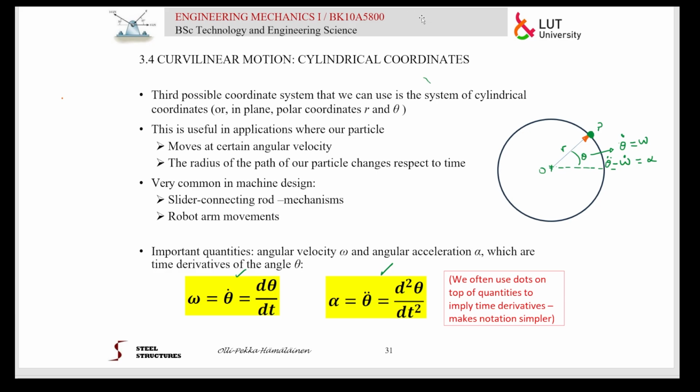It gets a little bit more complex, but the good thing about mechanics, as I have noticed over the years, is that mechanics is based on strong and well-defined principles. If you follow those principles, you are not going to have any trouble solving these types of problems.